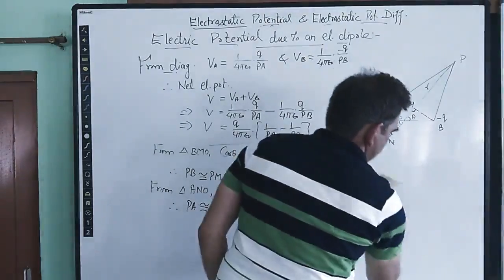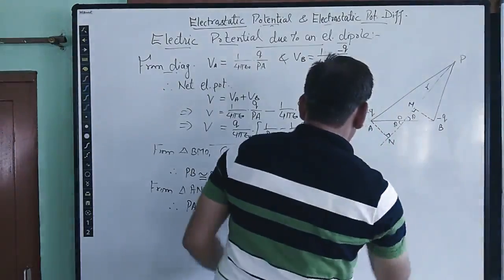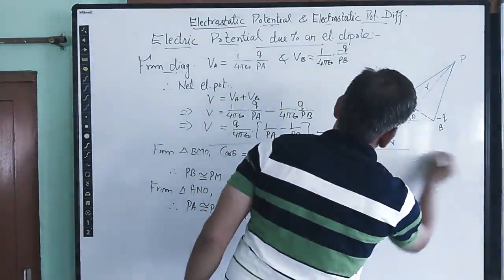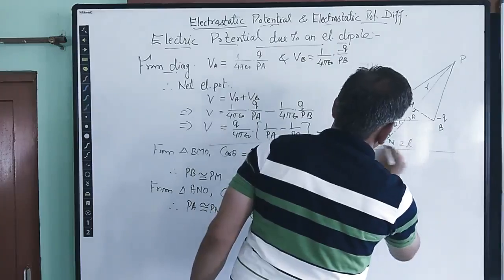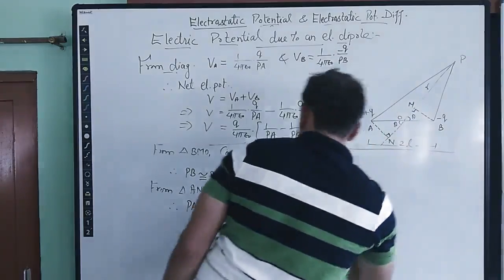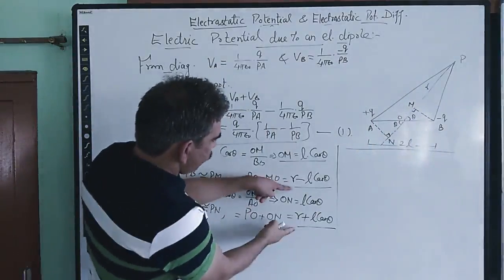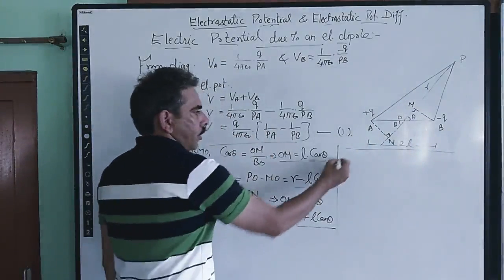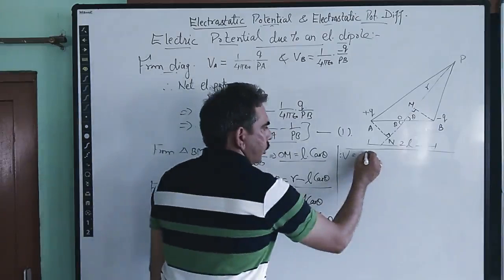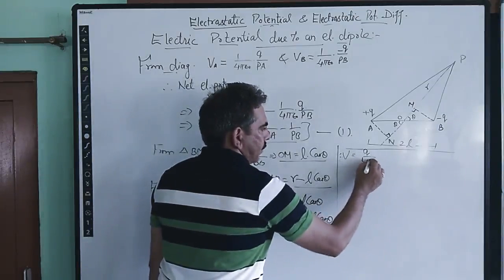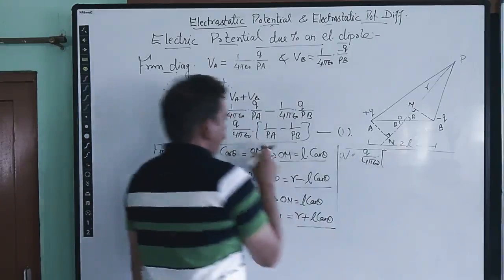So let me write the further results here. When we take these two values and substitute here, we get V equal to Q upon 4 pi epsilon naught into 1 upon PA.